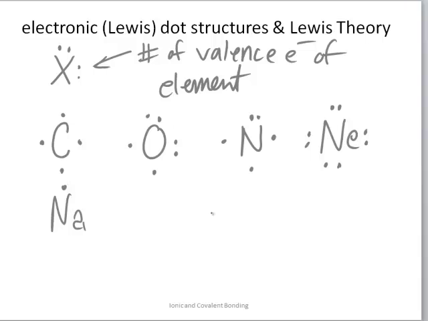Okay. So now, is there a right way or wrong way to draw Lewis dot structures? In general, there's not really a perfect correct way. We could have drawn sodium like this, or oxygen like this. That doesn't really matter.